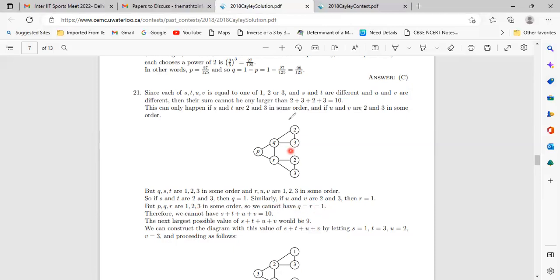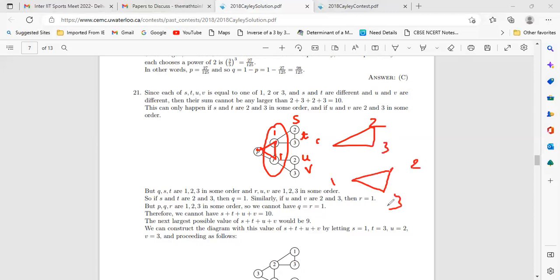Okay, so what they're saying is, here you have S, T, U, V. You cannot have repetitions. If you put 2, 3, 1 over here, and 2, 3, 1 over here, again you might have two ones on this triangle. So that might cause a problem, because it should be like 1, 2, 3.